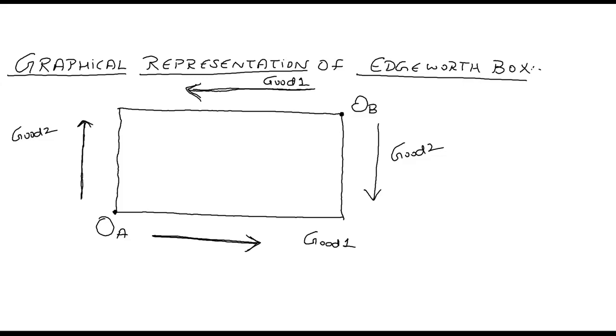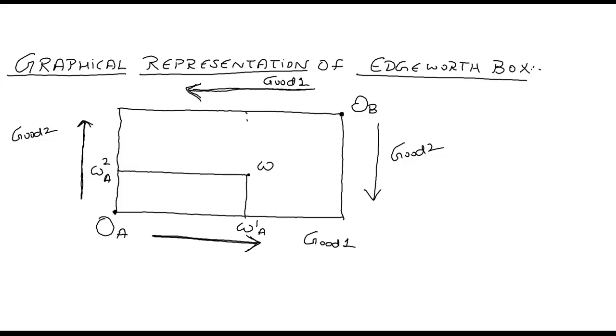Now I can choose a point in the Edgeworth box known as omega. Suppose this is my point in the Edgeworth box. Clearly, this denotes omega 1A, the amount of good 1 which agent A is endowed with. This will denote omega 2A, the amount of good 2 which agent A is endowed with.